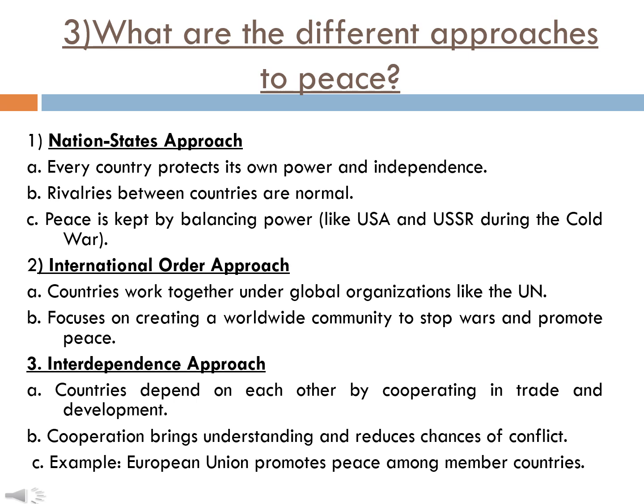Third one, interdependence approach. Countries depend on each other by cooperating in trade and development. For example, the European Union promotes peace among member countries. So these kinds of cooperation bring understanding and reduce the chances of conflict. So three approaches: first, nation states approach; second, international order approach; third, interdependence approach.